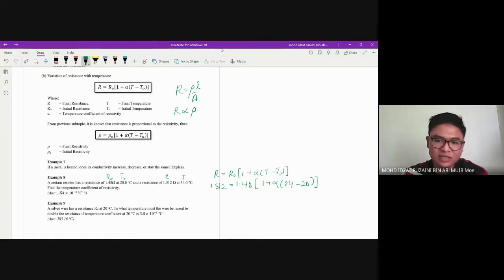So in this case kamu buat macam biasa, you can get the answer. Alpha ni berapa kan? Alpha equal to 1.54 times 10 to the power of negative 3 per degree Celsius.